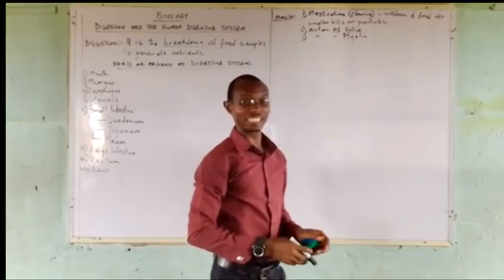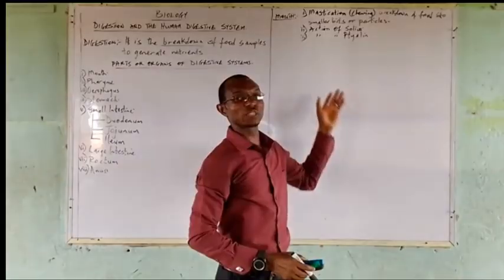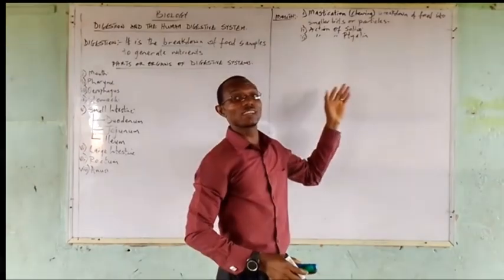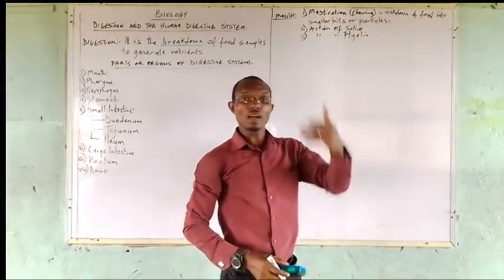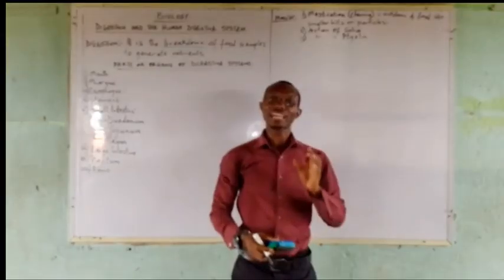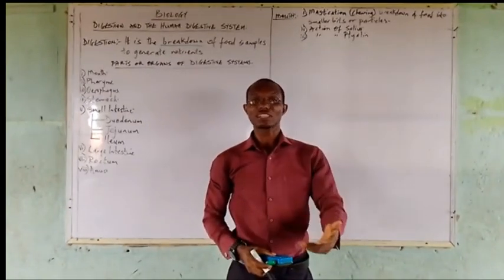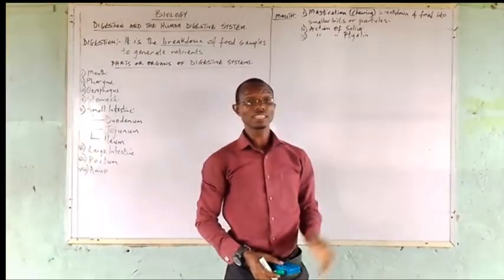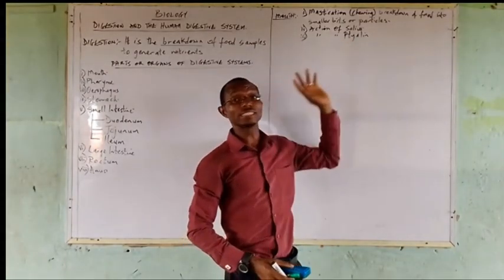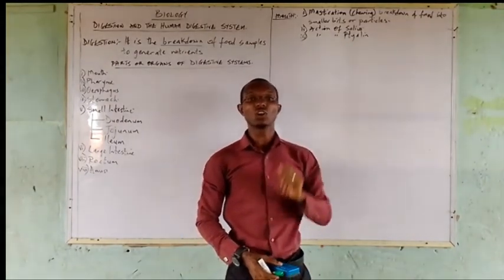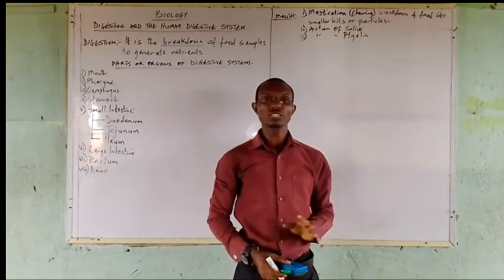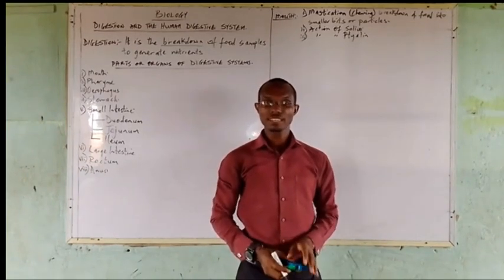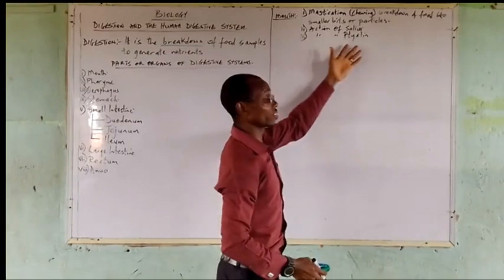Now, the Ptyalin is alkaline in nature, and its function is to act on carbohydrates. What type of carbohydrates? It acts specifically on cooked starch. So it converts cooked starch to complex sugar. It acts solely on carbohydrates. It does not act on any other type of food aside from carbohydrates.